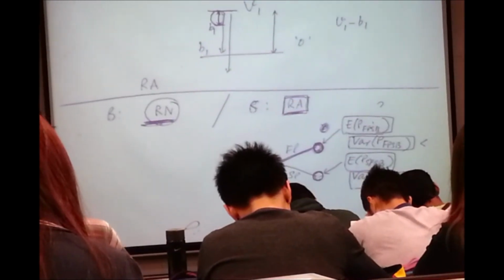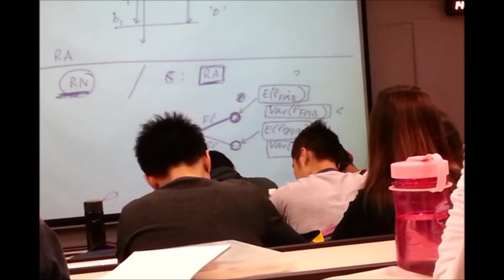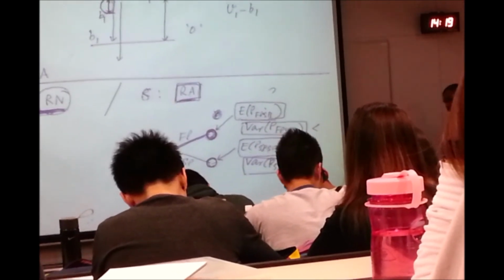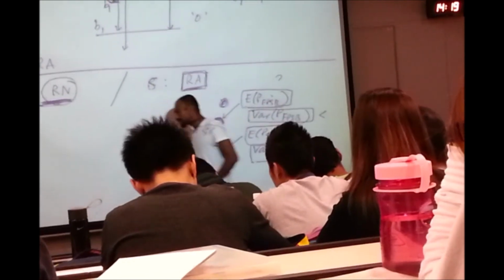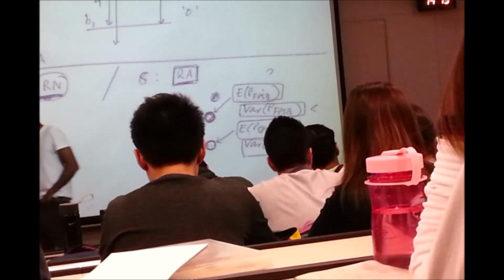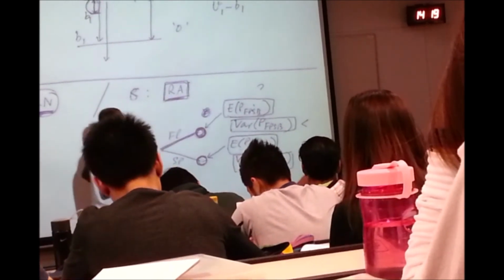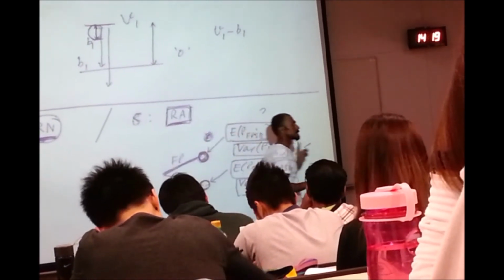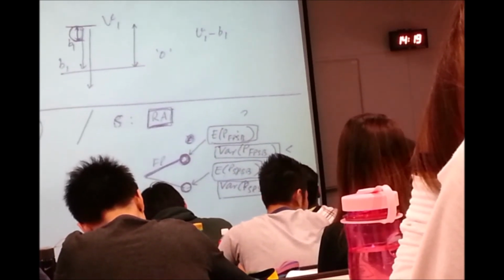So if buyers are risk-averse, sellers prefer a first price auction over a second price auction because they get a higher revenue. If sellers are risk-averse and buyers are risk-neutral, sellers will also prefer a first price auction because it is less risky. Same expected payoff, but less risky.